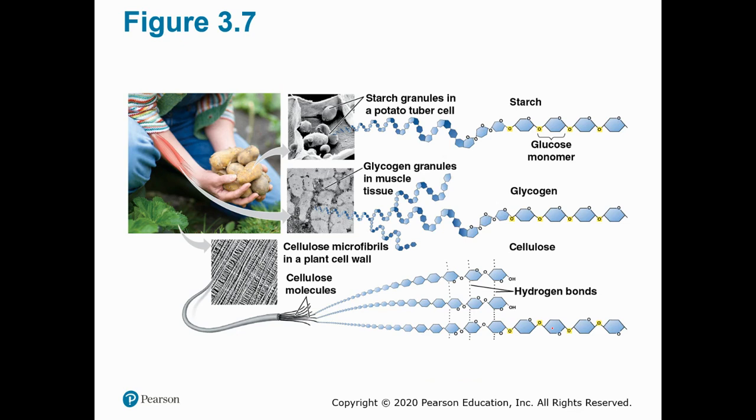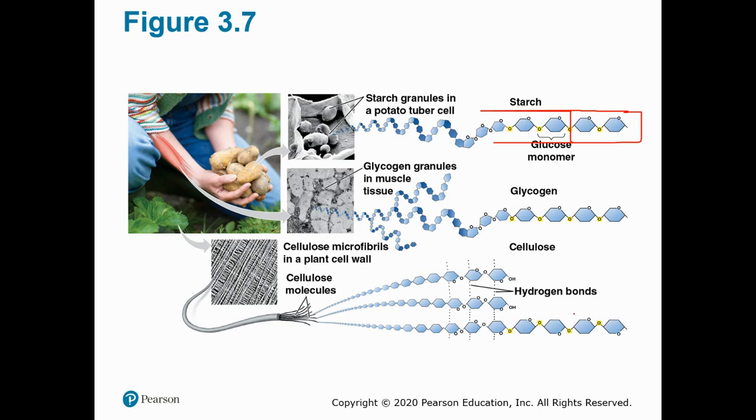And cellulose is different. Even though it's made from glucose molecules, we can't access the energy in those glucose molecules because of the way those molecules are tied together. They're bound together in a way, so the glucose monomers, the way the glucose monomers are put together here, we have the enzymes to take this thing apart and extract the energy from it.